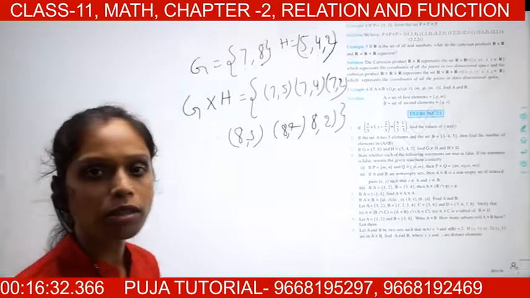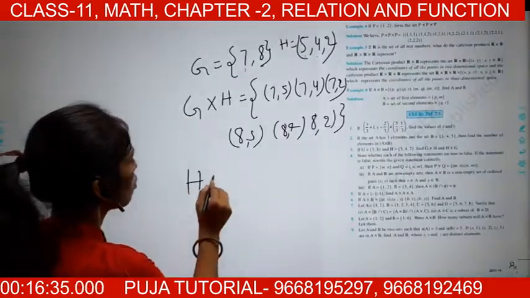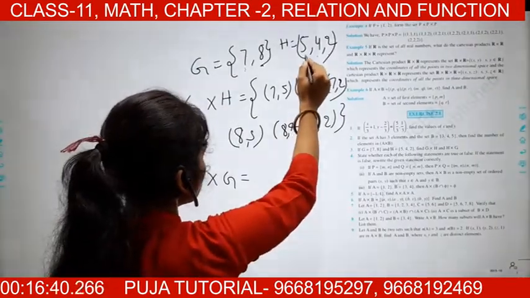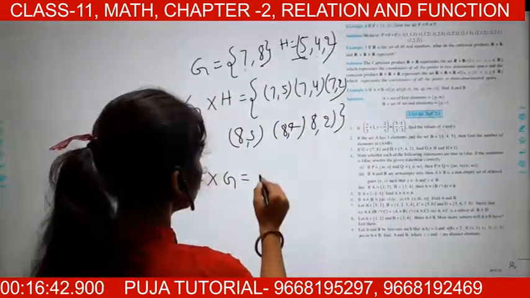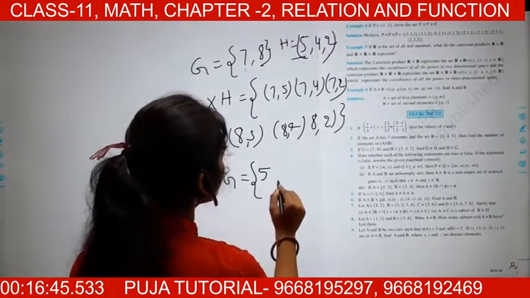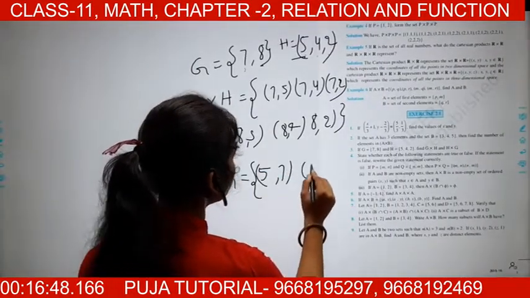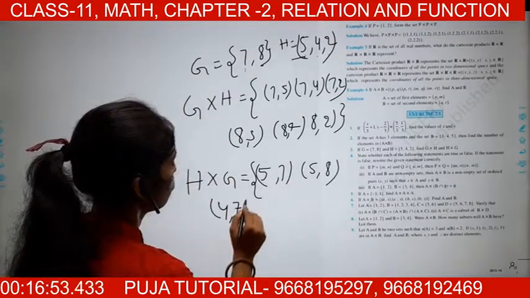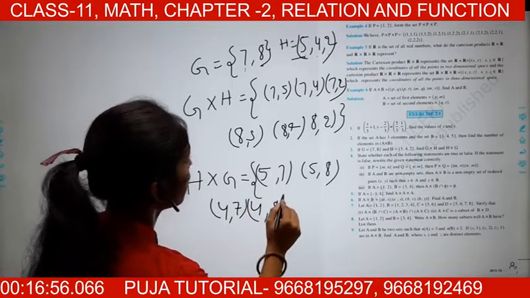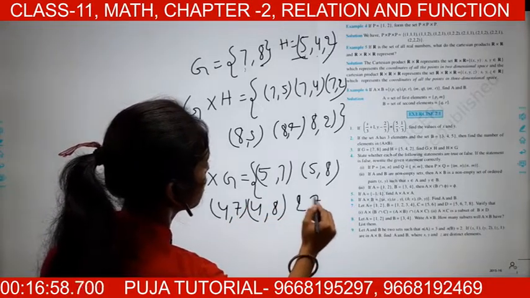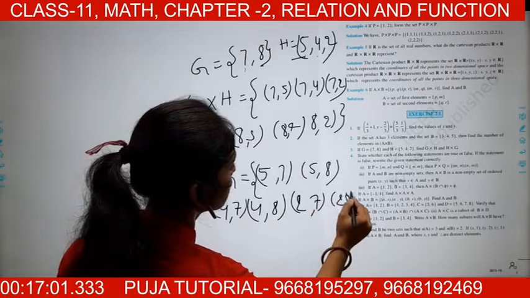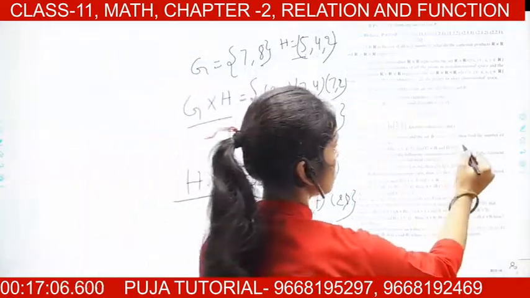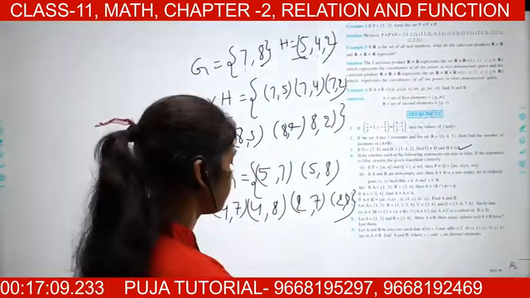This is called G cross H, whereas H cross G will be, first we write this element: 5, 7, 5, 8 and 4, 7, 4, 8 and 2, 7, 2, 8. Then this is G cross H and this is H cross G.